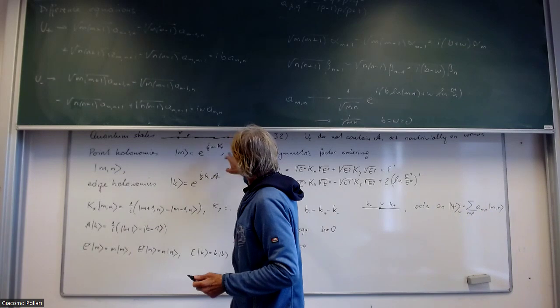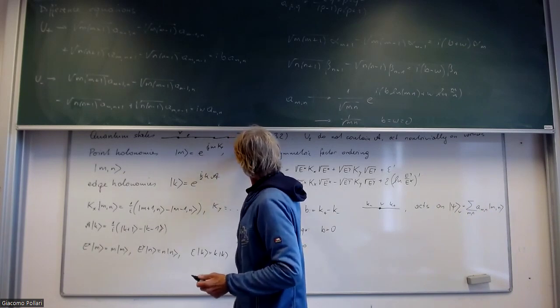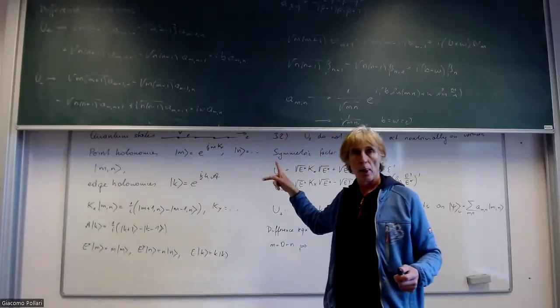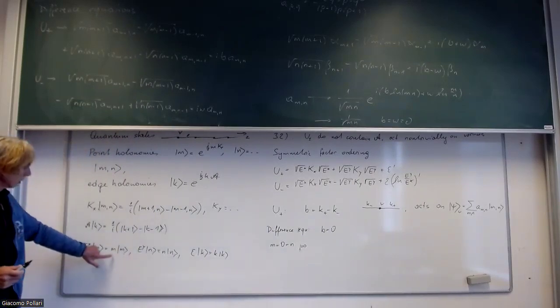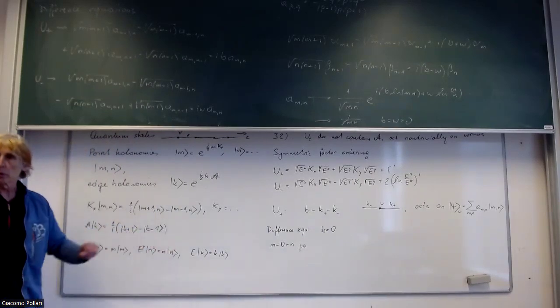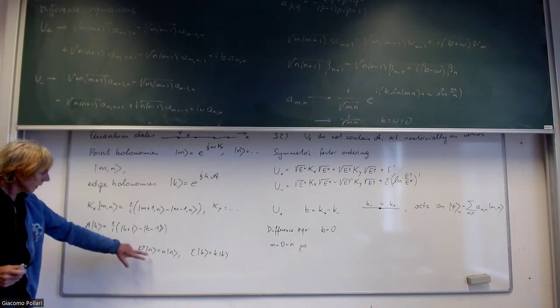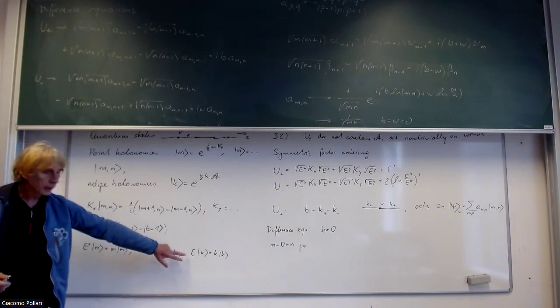K_y raises and lowers n_{K_y}, and E just multiplies by the lambdas. These are the eigenvalues of the E operators.